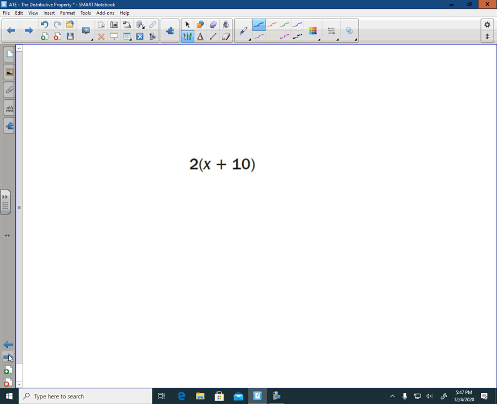And so in order to get rid of the parentheses, we're going to have to distribute the 2 in using the distributive property. So first we have 2 times x, or 2x, plus 2 times 10, which is 20. And that is done. You just take the number that's outside and you distribute it into those parentheses, and that gets rid of the parentheses for you.